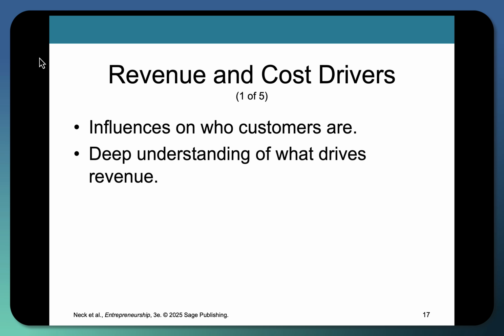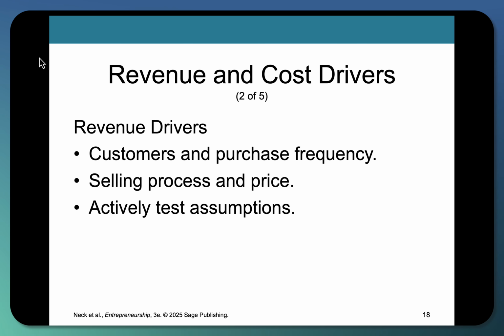Revenue and cost drivers. Revenue models influence how you reach your customers, and the frequency of how much they purchase. For example, if you charge your customers $5 a transaction and they only come once a year, you're going to have to have a lot of customers come in the door, compared to perhaps charging a customer $3,000 once a year, which is perhaps what you needed from them.